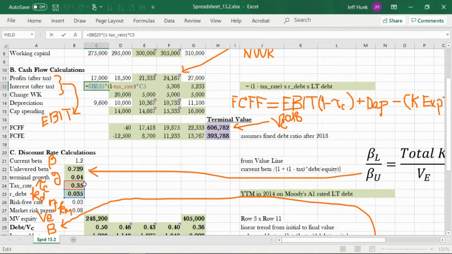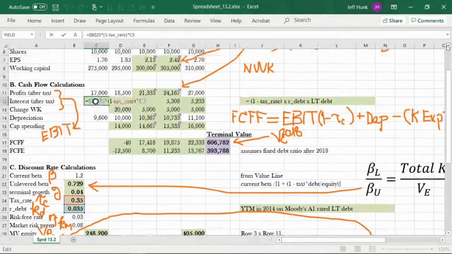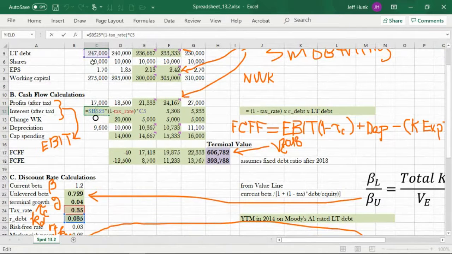The ratio data, rates and ratios. So B25, of course, that would be the long-term debt, right? There you go, B25 long-term debt, and 1 minus tax rate times C5.